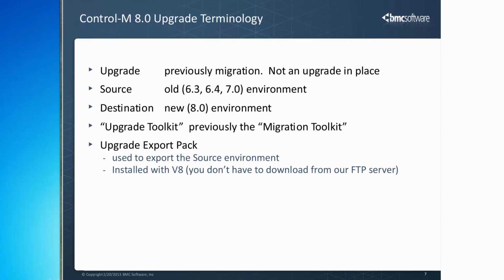In the documentation, you'll see that the old or previous version is called the source environment, and the new version 8 environment is called the destination environment. Additionally, it's called the upgrade toolkit instead of the migration toolkit. And the one piece of software that you need to copy to your source or old environment is called the upgrade export pack.